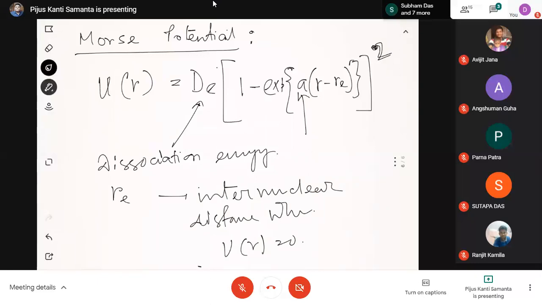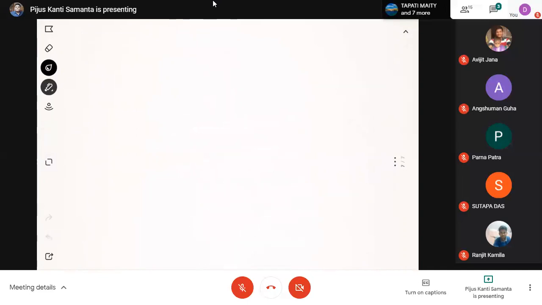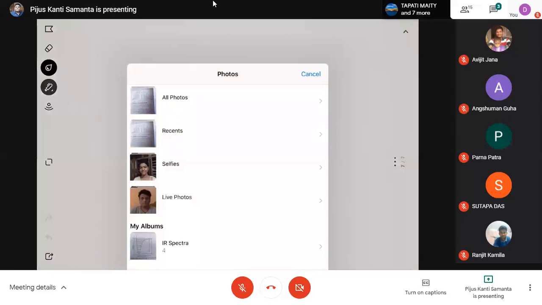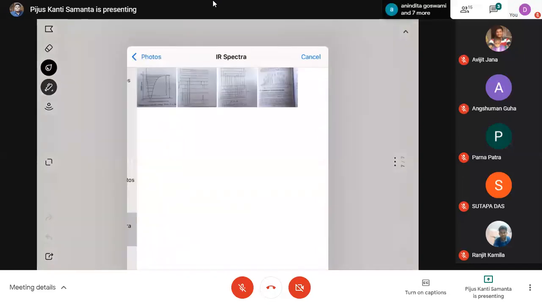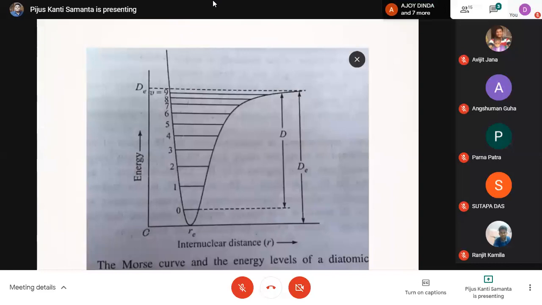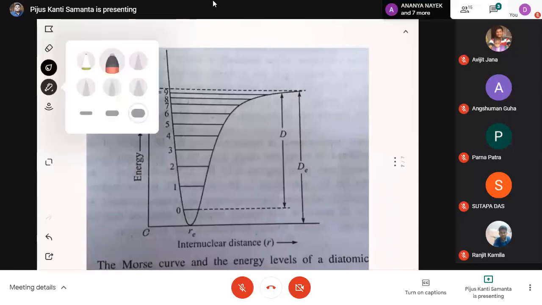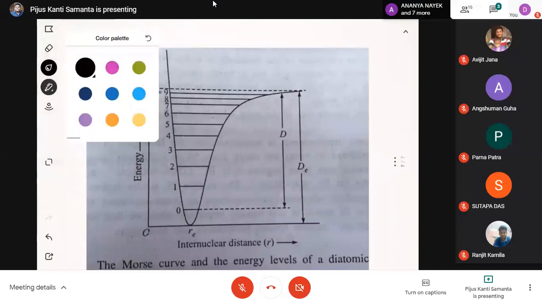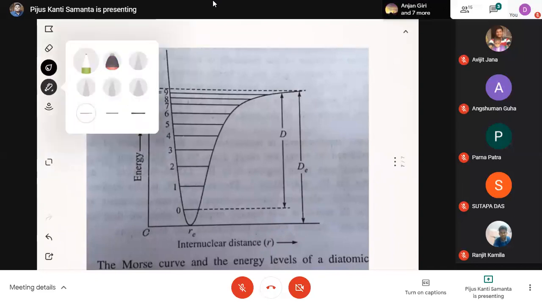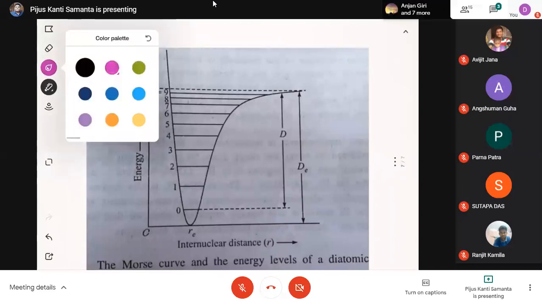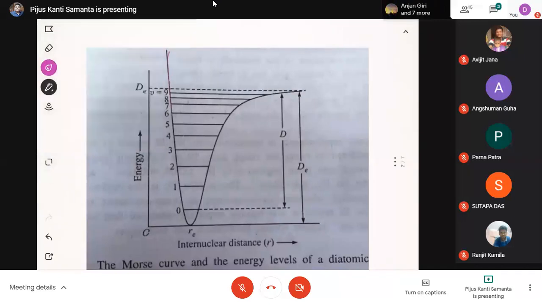And now let's see how the potential looks like. If you see, the potential will be like this way. This is the general form of the potential. Okay, so what you see over here is that in the earlier case that you have seen, the potential was parabolic like this way, and it goes like this.